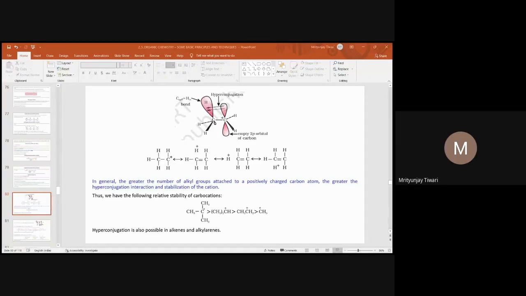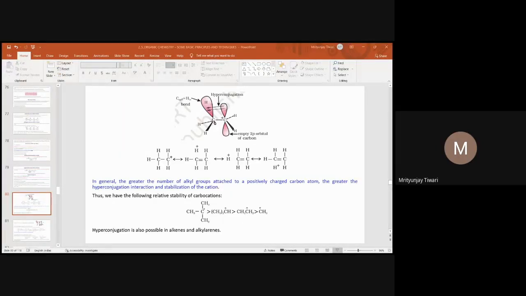In this case, there are two CH3 substituents attached to this carbocationic center, so 3 into 2, 6 hyperconjugative structures will be there. This one has only 3 hyperconjugative structures, and this structure, CH3 plus, will have no hyperconjugation because only hydrogen atoms are attached to the carbon, and all those CH bonds will be in one plane, and the empty p orbital will be perpendicular to that plane.